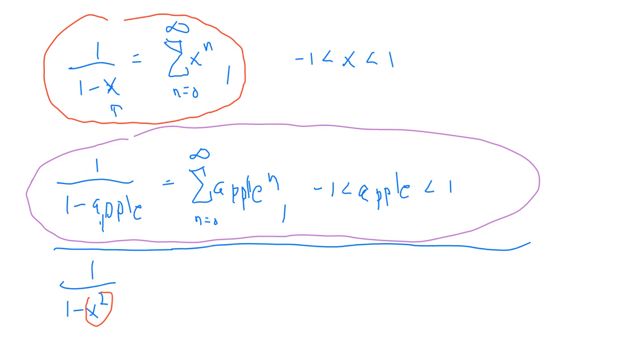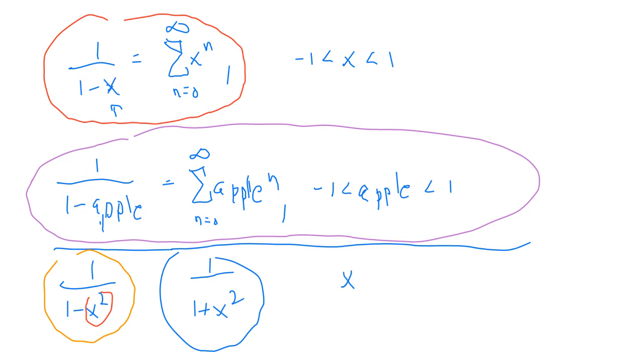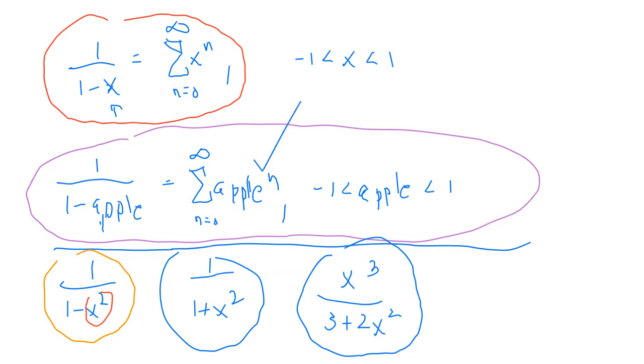So given then, especially the second formula, which is more general, we learn that we could take functions like 1 over 1 minus x squared, or 1 over 1 plus x squared, or we could take like x cubed over 3 plus 2x squared. All of those type of functions, we can manipulate them and utilize a part of those functions to get them in this form here.